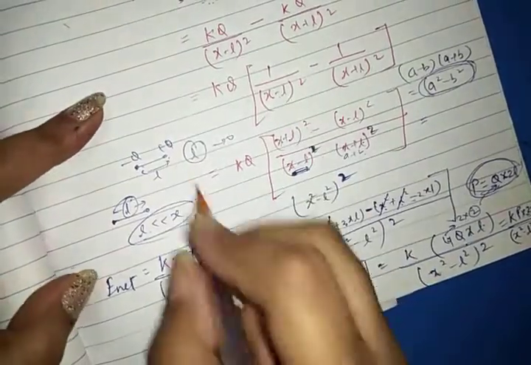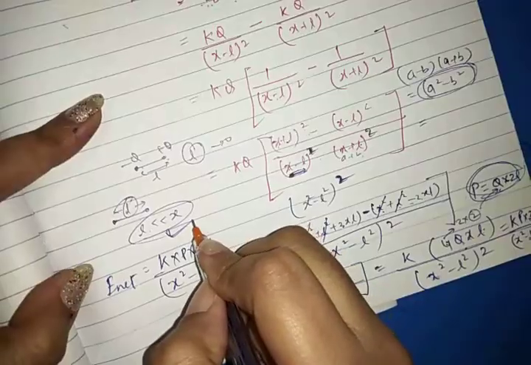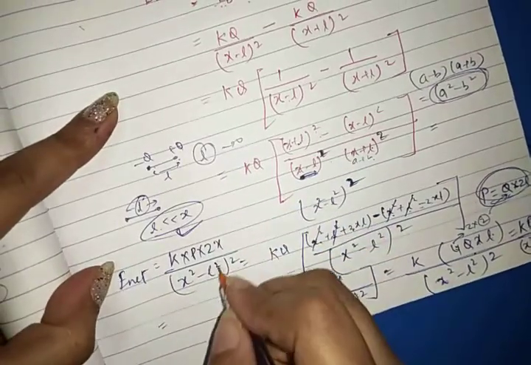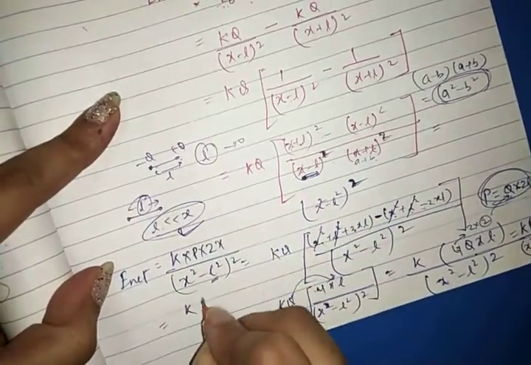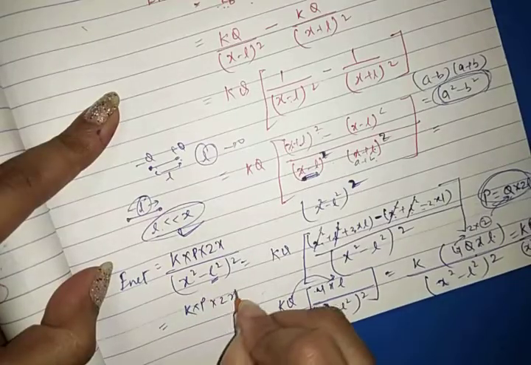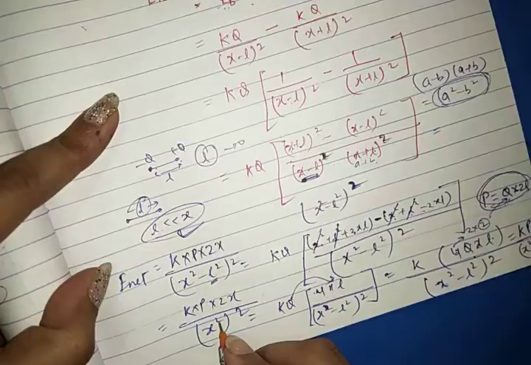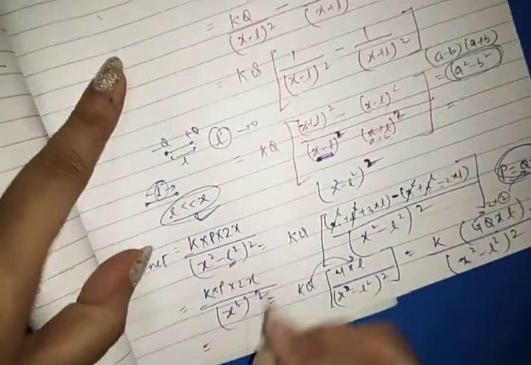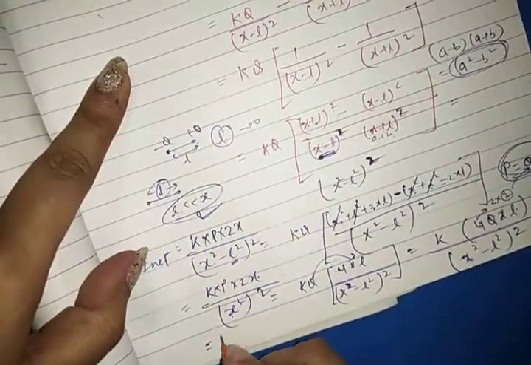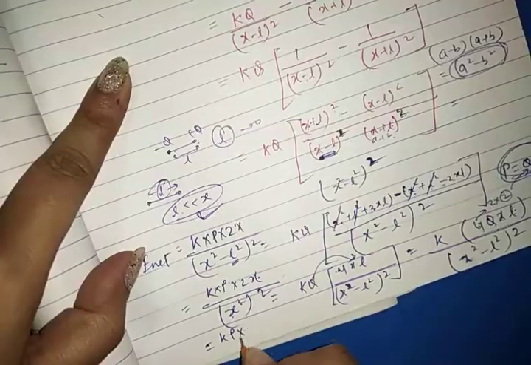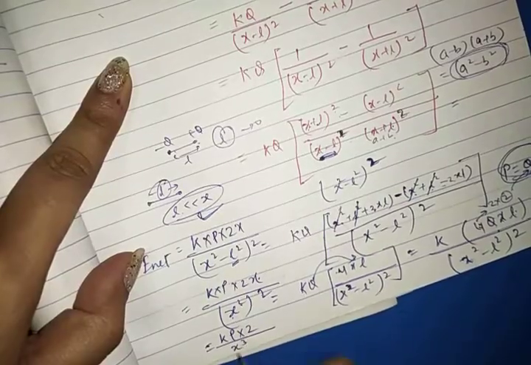So by considering this fact, L is much less than x, we can ignore L, and write it as k into p into 2x upon x square whole square. It will become x raised to power 4, one x cancels, and it will become kp into 2 upon x cube.